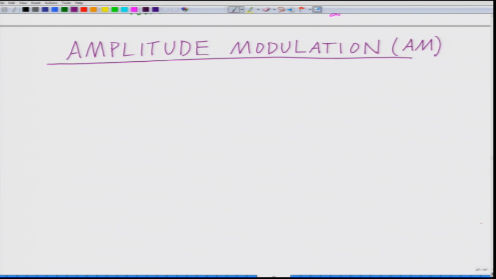Now, any communication system or communication scheme involves a carrier signal, which is a sinusoidal signal.